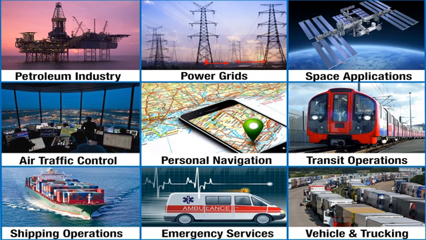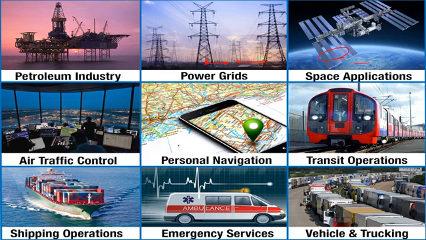It can be used in space applications, as we see different satellites that are launched. So we can use it as a space application, and in air traffic control, like for aeroplanes.